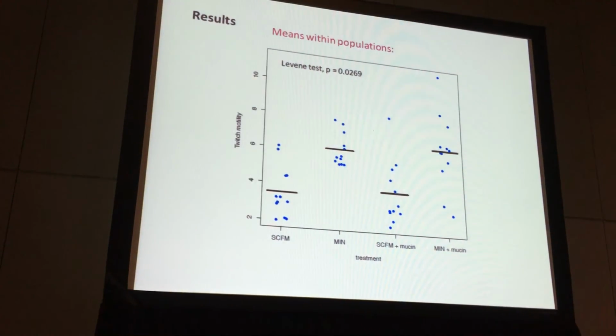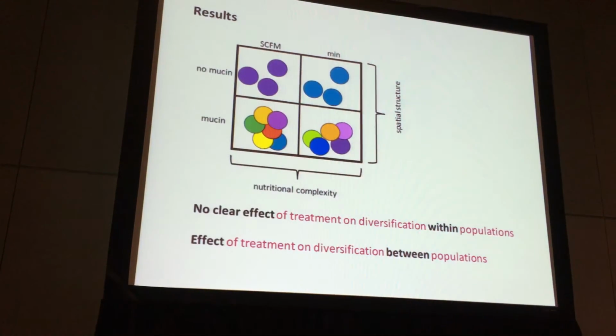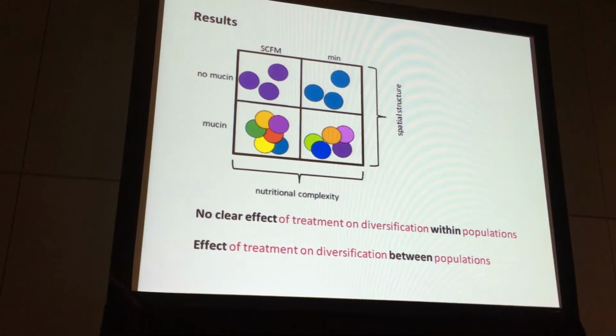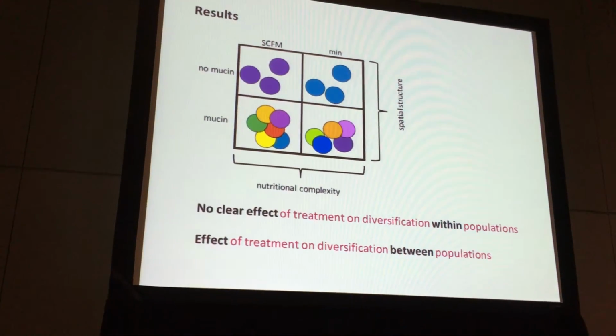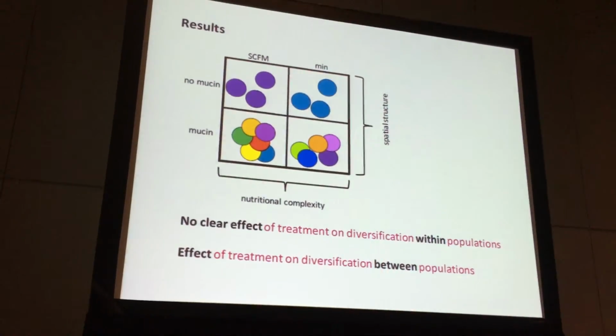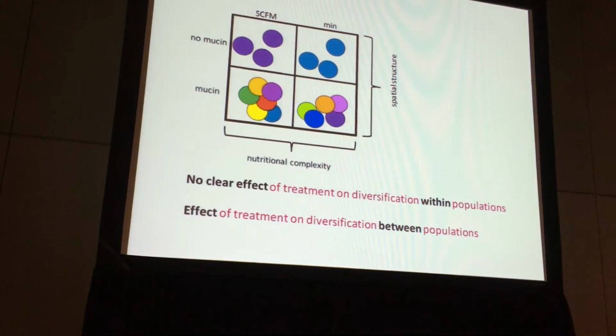and again for twitch motility, the same effect. The take-home message so far, though there is still analysis to be done, is that I found no clear effect of treatment on diversification within populations, but I did find a pretty strong effect of treatment on diversification between populations.